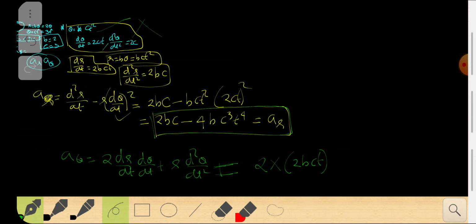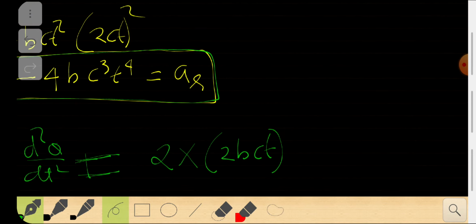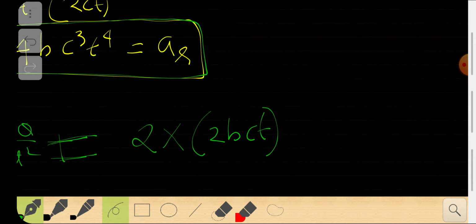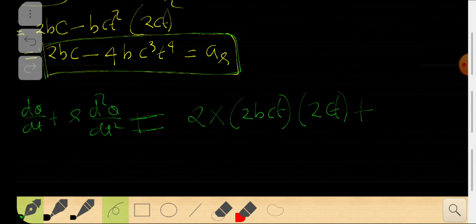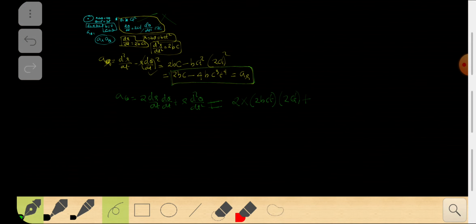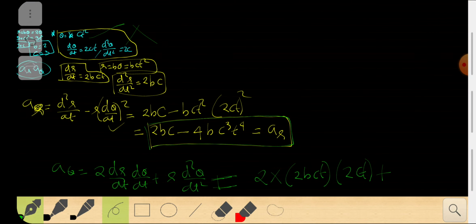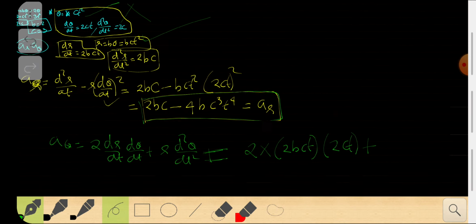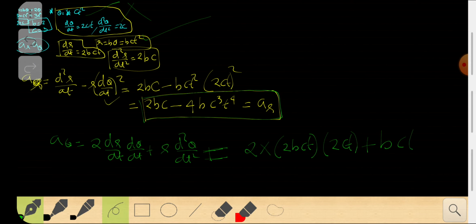So it's 2bct times 2ct, plus r, which is bct square, times d square theta by dt square.